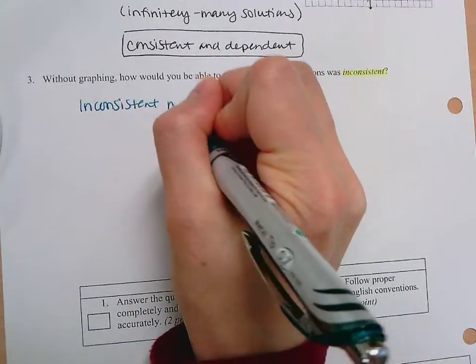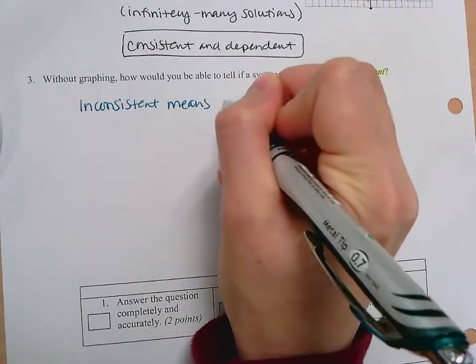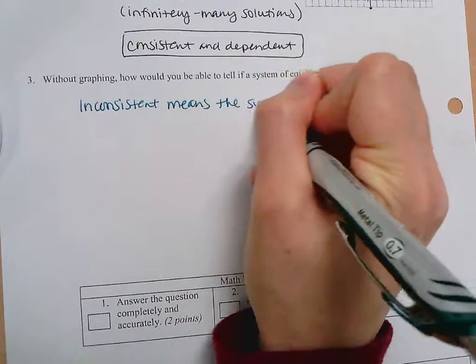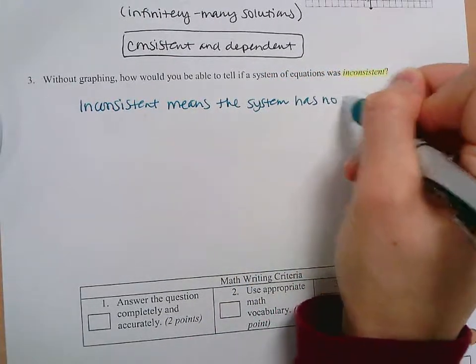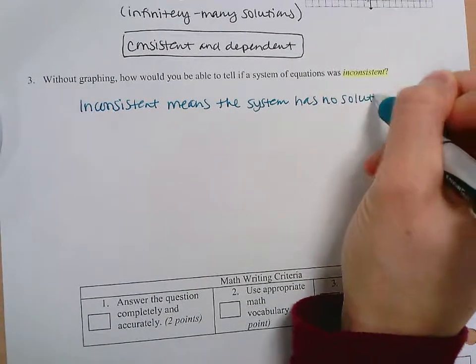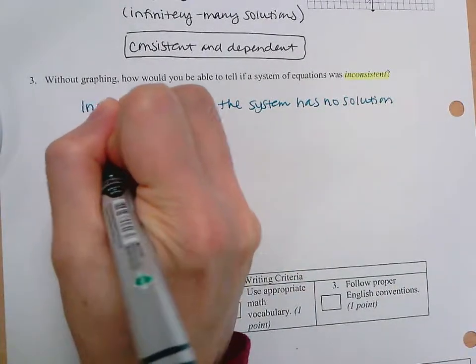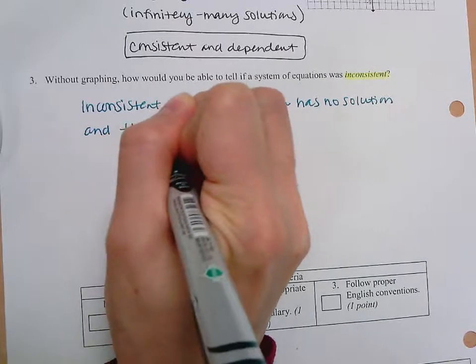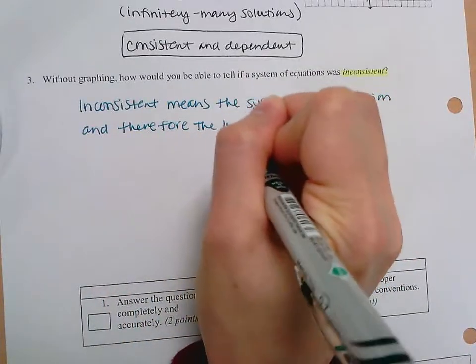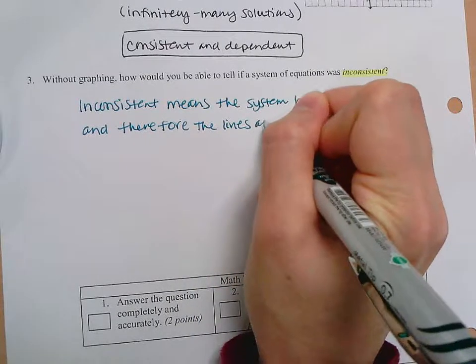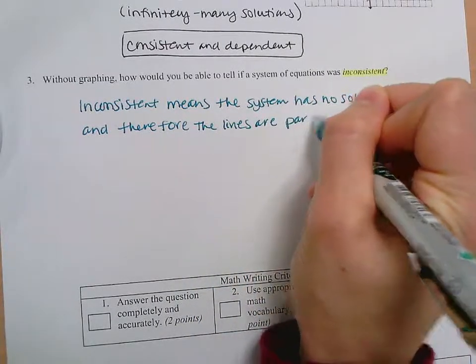So inconsistent means the system has no solution and therefore the lines are parallel.